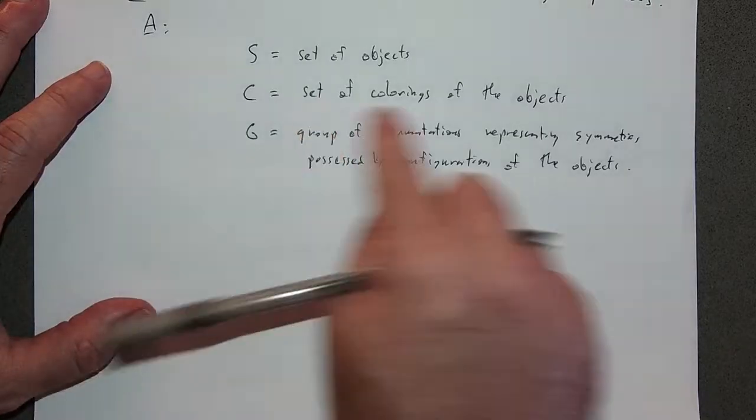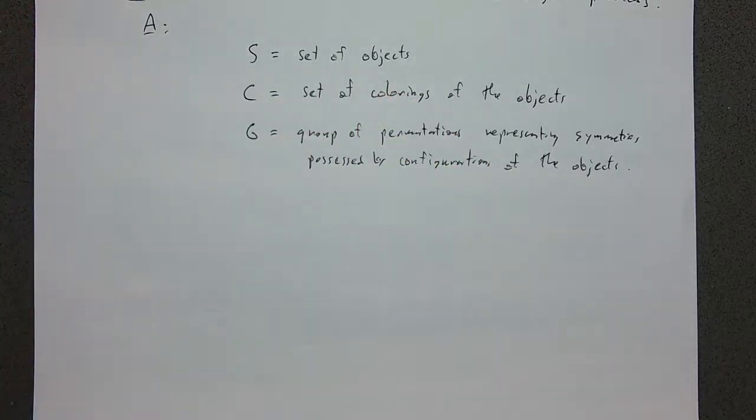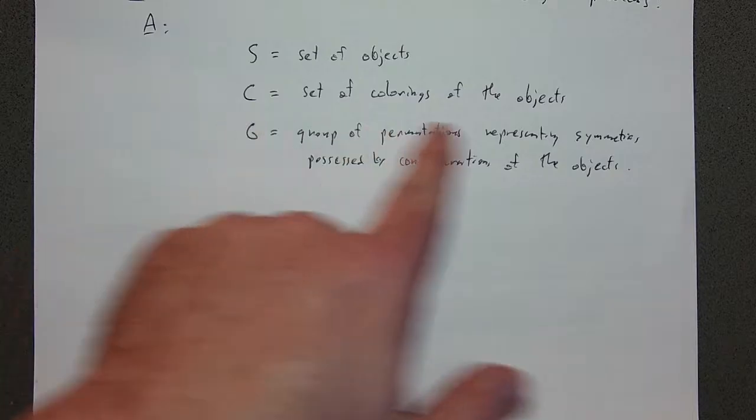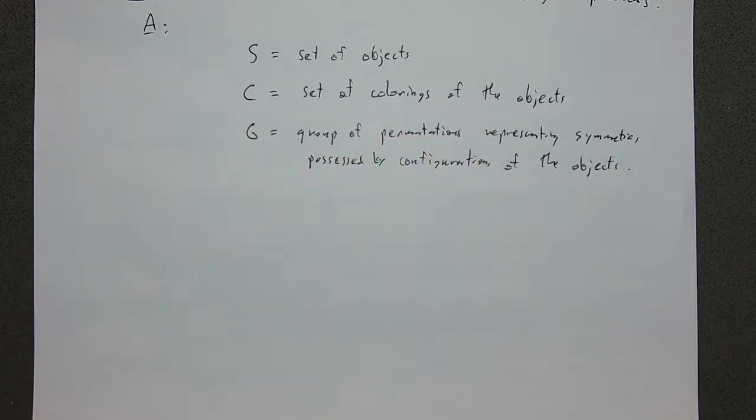Now, what makes two colorings distinct? When I write out my set of colorings, how do I know that I've got them all? How do I know that I've stopped listing the colorings?